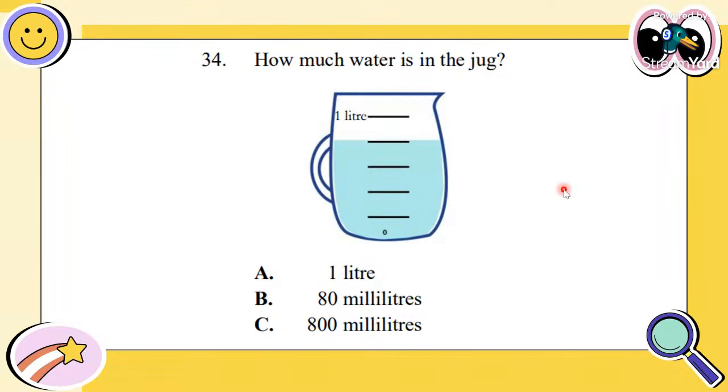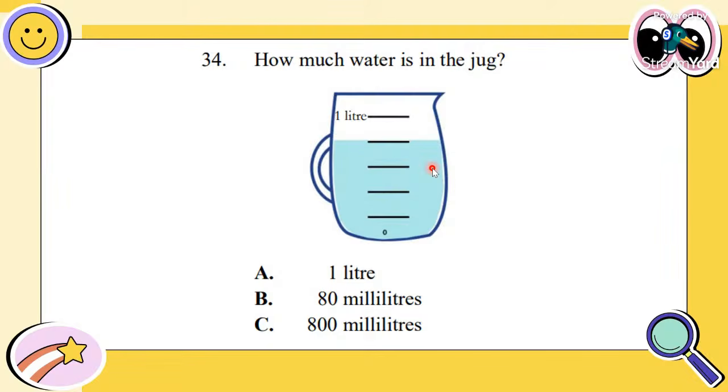Let's think about this. Now, you see these lines on the jug and you realize that from 0 to 1 liter is divided into 5 equal parts. We know that 1 liter is equal to 1,000 milliliters. We just looked at that. Now, if it is equal to 1,000 milliliters, what would each of these 5 parts be equal to?